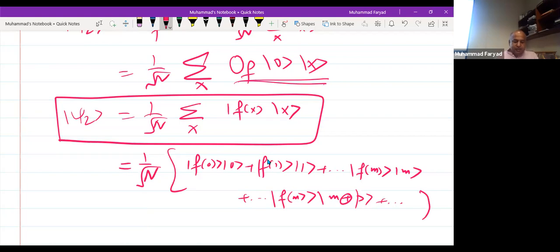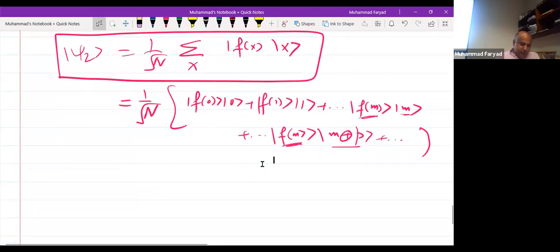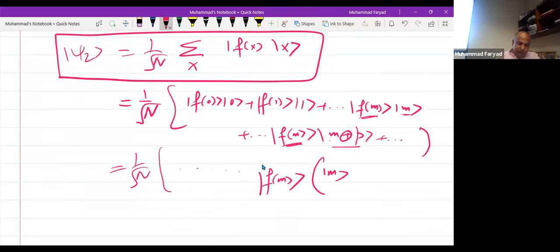Because this state is being generated from this state by XORing some bit string p, the value of the function here and here is the same. So I can write 1 over square root of all of this, and from these two states I can take f of m common, and then I have the m state and the n state, where n is equal to m plus p.